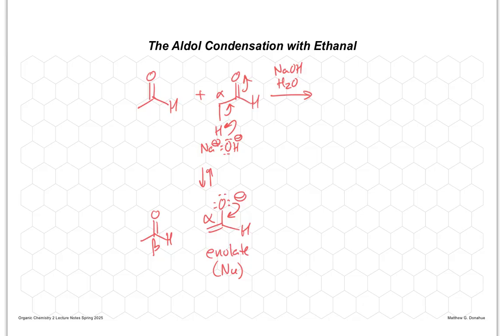The enolate will collapse to reform the carbonyl. The alpha carbon attacks, that's the nucleophilic addition, and then we break that pi bond. So we're making a bond between alpha and beta, and then the total chain length is 4 carbons.